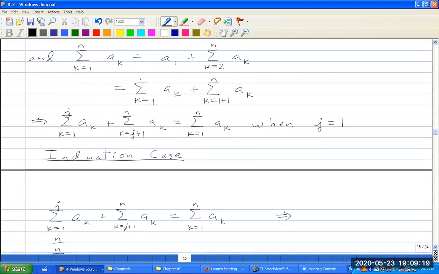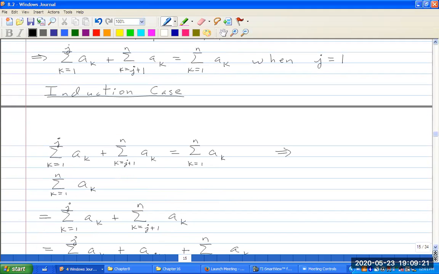So let's do the induction case. Oh, I want to keep it as a j. It doesn't really matter. Assume the sum k equaling 1 to j of a sub k plus the sum k equaling j plus 1 to n of a sub k is equal to the sum k equaling 1 to n of a sub k.